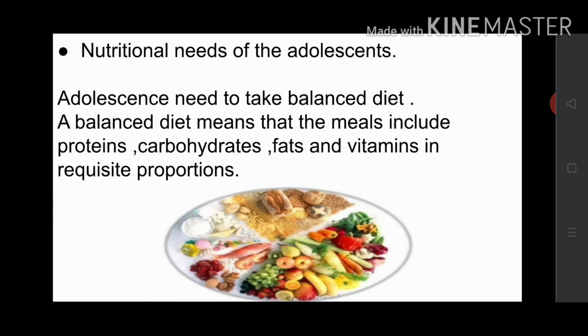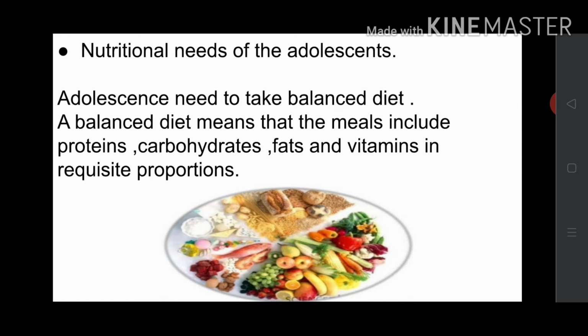Nutritional needs of the adolescents. Adolescence is a stage of rapid growth and development. So, the diet for an adolescent has to be carefully planned. Adolescents should take a balanced diet. We should include vegetables, fruits, milk, dal, rice, etc. in our food. This also provides a balanced diet.